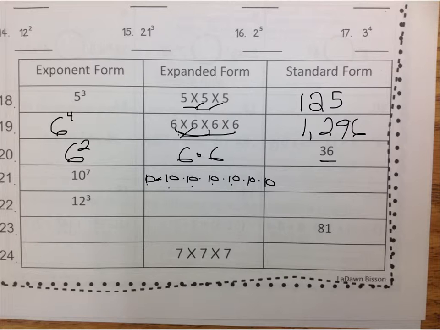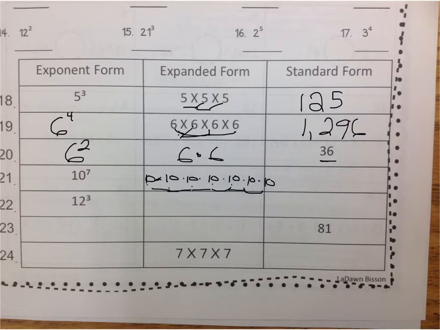10 times 10 times 10. So I did those two, and then I did this one. Times 10. Okay, now do another one. Times 10. Do another one. Times 10 equals, there's a million. And then one more.